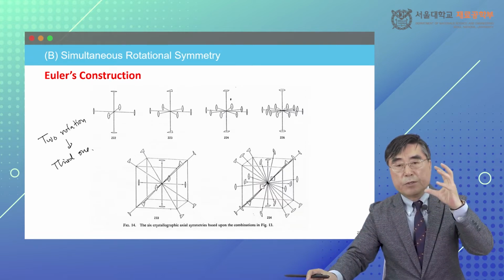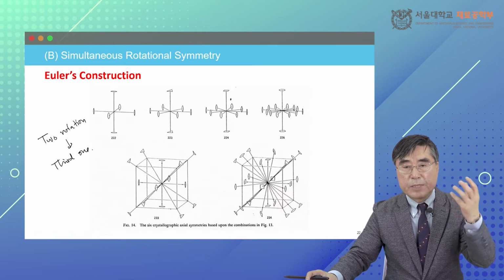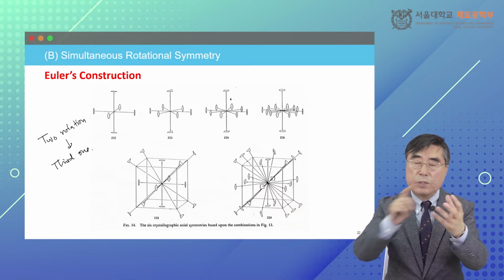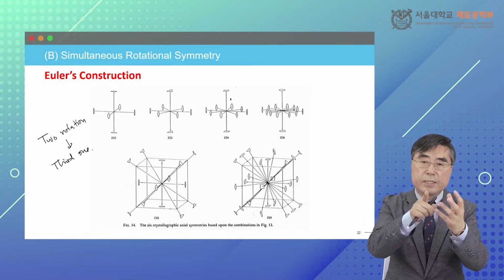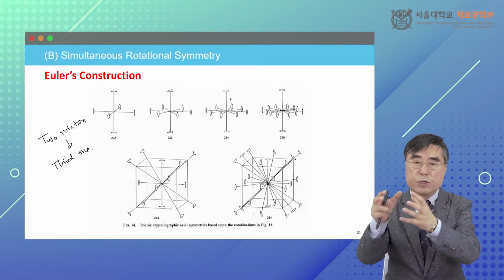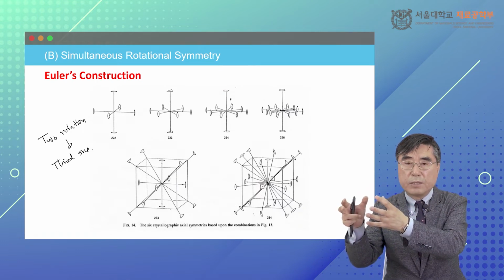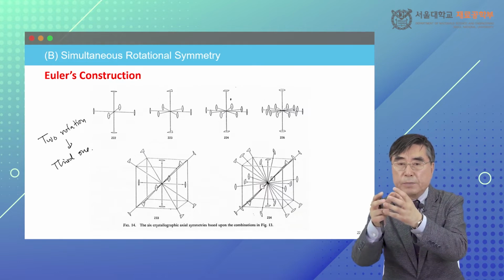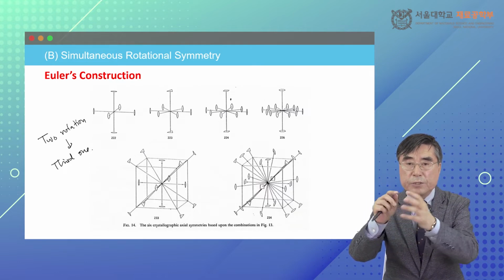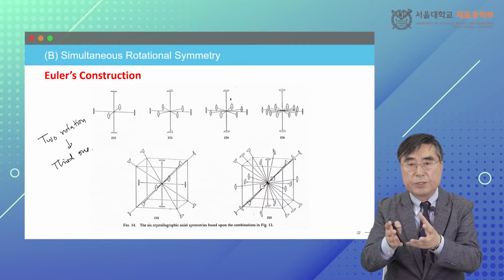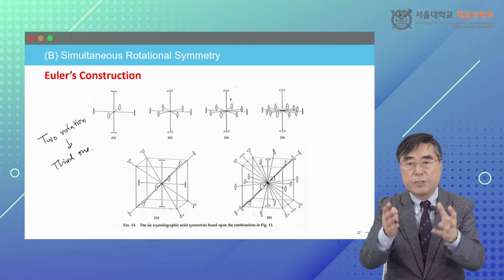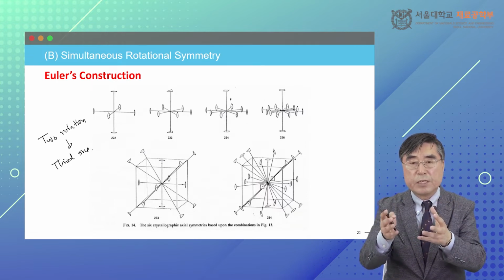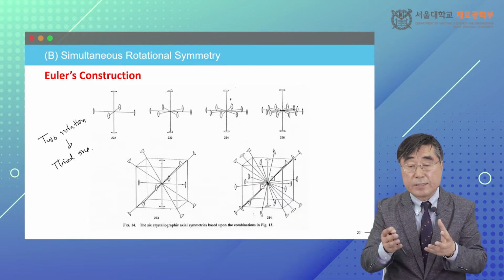So when you have three rotation symmetry elements, the rotation axes are not mutually independent. Any two operations should be matched by the third operation. So there are severe limitations on what kinds of multi-rotational symmetry the crystal structure can have.